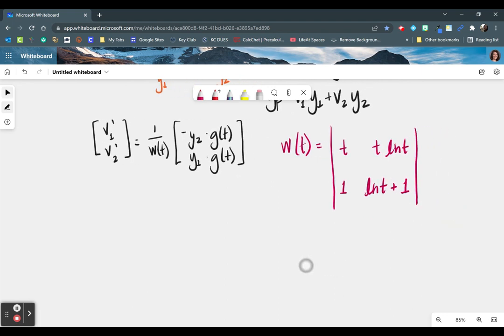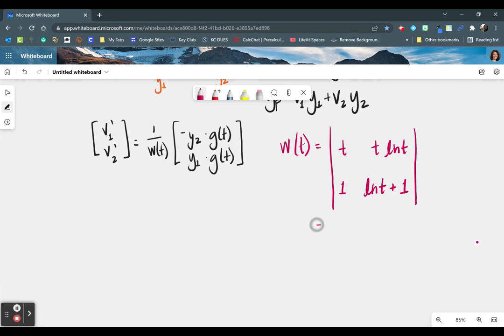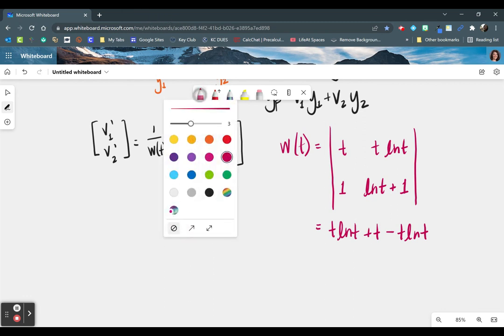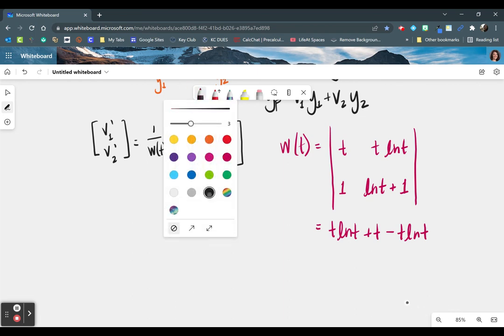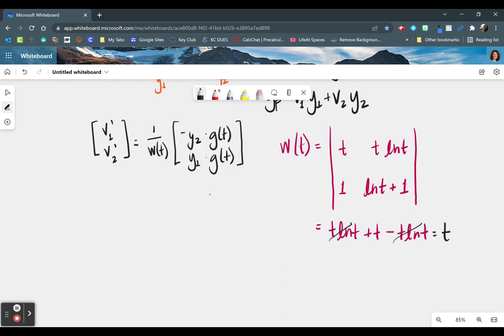And then finding the Wronskian, we are going to get t natural log t plus t when I distribute, minus t natural log t, since that's just multiplied by 1. So we get a little simplification here, but our Wronskian is not equal to 0, and that is really the key. My t natural log t's cancel out. That leaves me with a Wronskian determinant of just t.